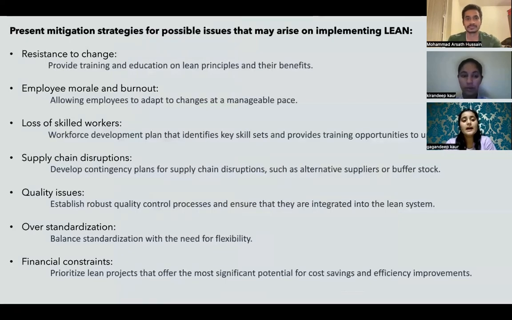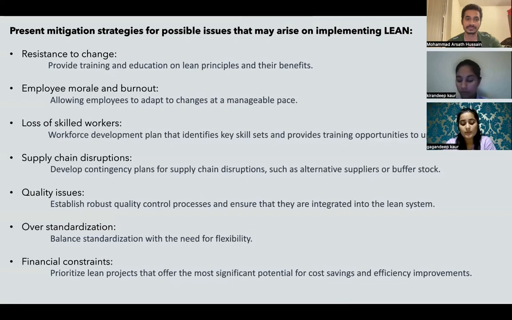In this slide, I am going to discuss present mitigation strategies for possible issues that may arise in implementing lean. For resistance to change, promote a culture of continuous improvement by involving employees in the lean process from the beginning. For employee morale and burnout, pay attention to employee well-being and workload, and implement a gradual and phased approach to lean implementation, allowing employees to adapt to the changes at a manageable pace.